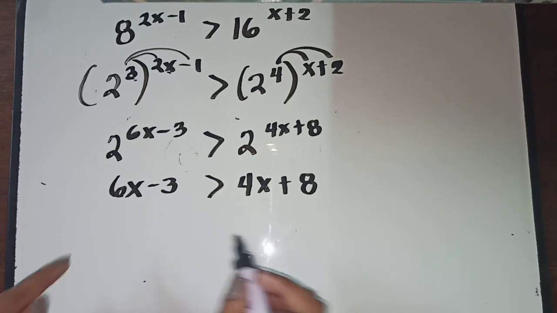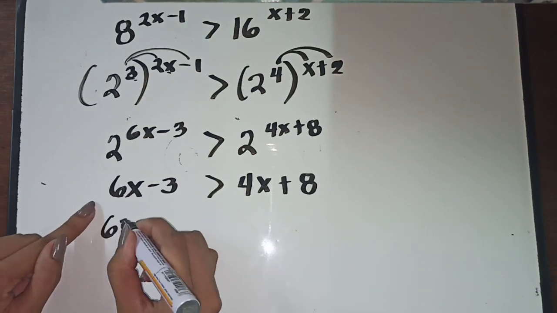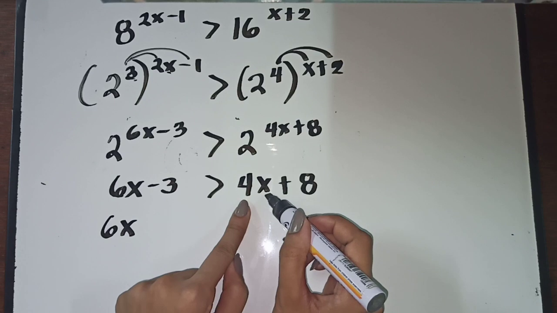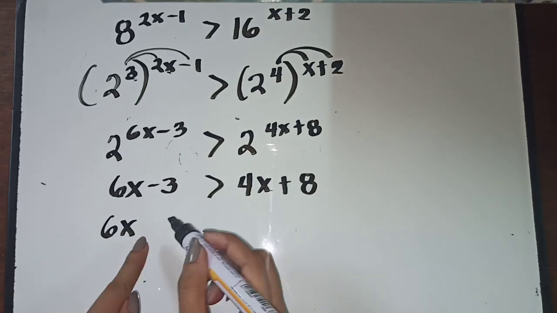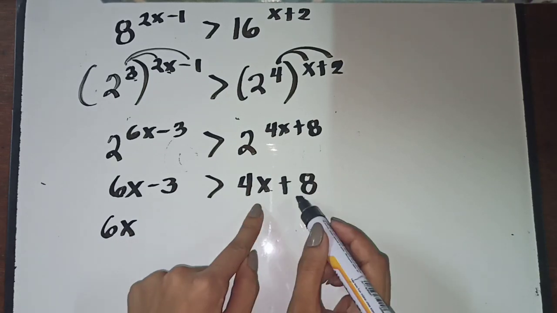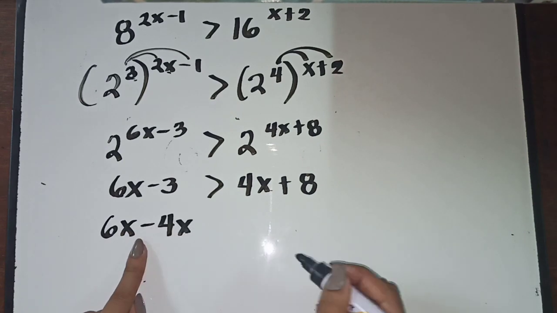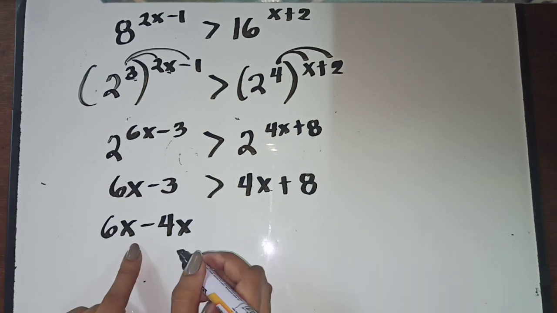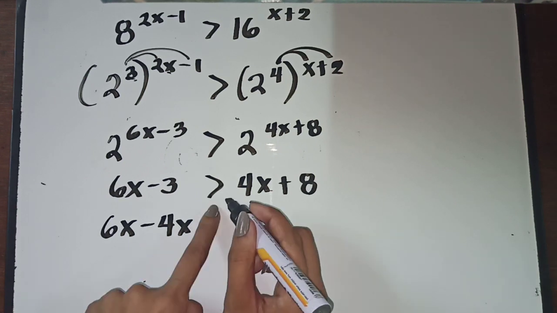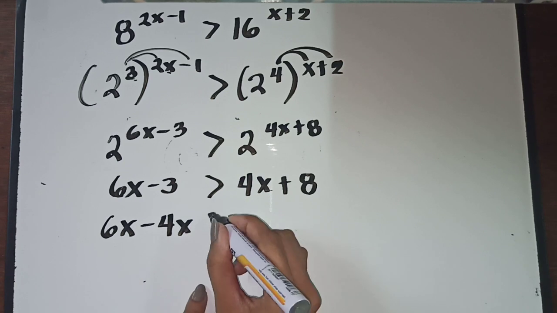Okay? So that is 6x. Itong positive 4x, once na nilipat sa kabila, from positive, it will become negative 4x. Nag-subtract ako ng negative 4x. Yung inequality ay hindi magbabago.